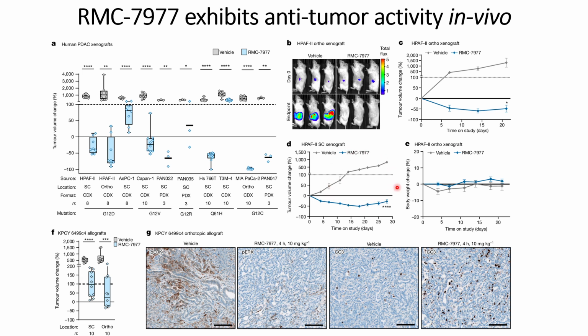And in order to check the side effect of this RMC-7977, they check the body weight change in the mice models, and they see that there is no statistically significant change occurs in the mice models, and it is more or less similar to the weight of the mice which are not injected with this RMC-7977.